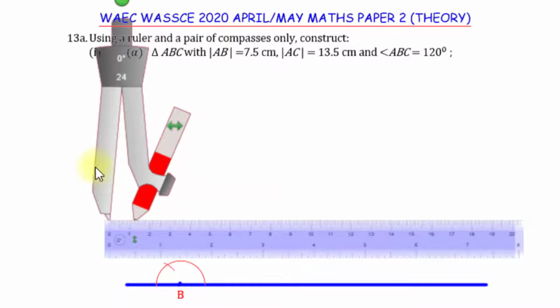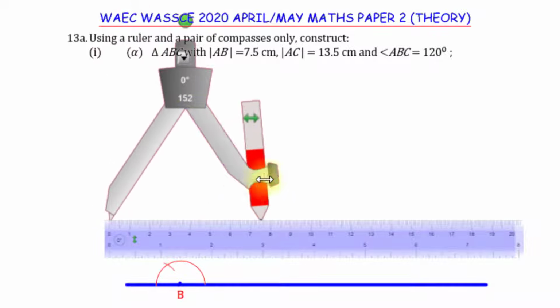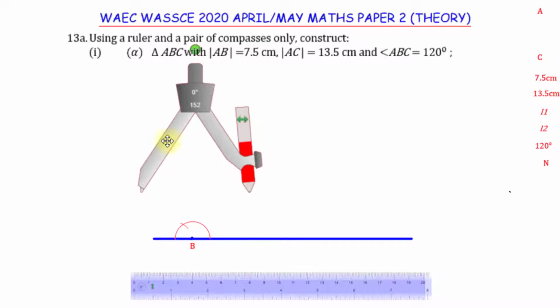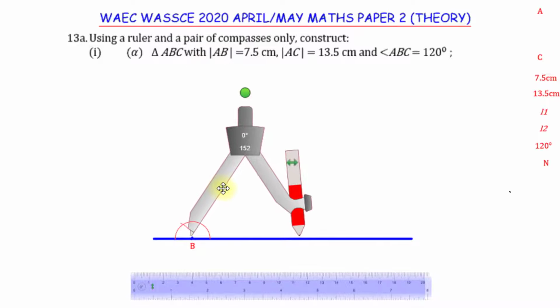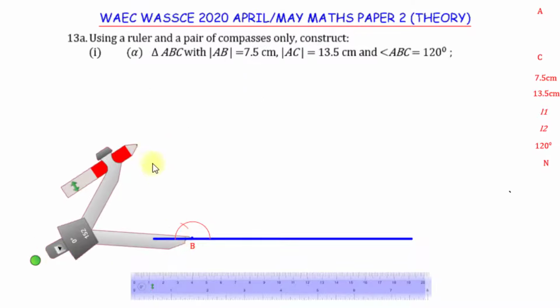If we go to the starting point of the ruler and extend that to 7.5, just try as much as possible to be accurate. So this is 7.5. That is what we're going to use to mark off an arc from B, and it will be linking the arc that we have drawn. So it should go from here to here.